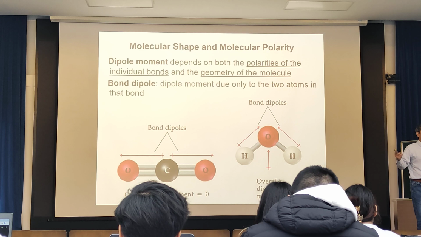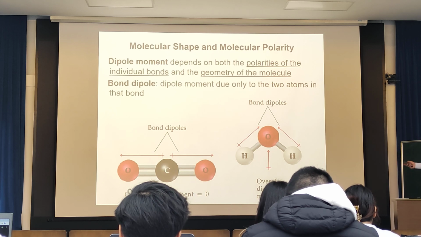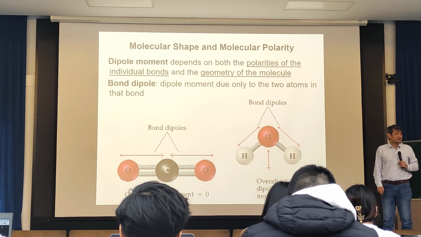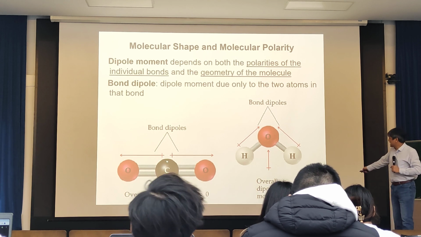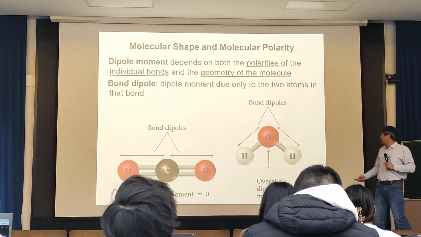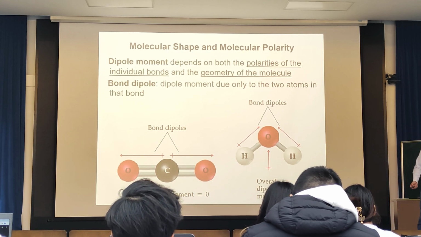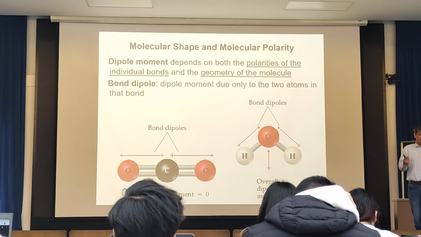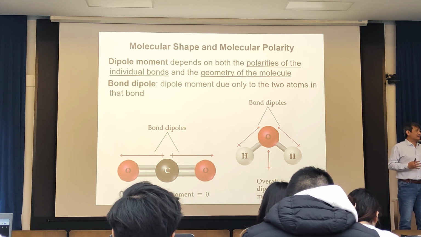Because carbon and oxygen have different electronegativity. However, because of this linear geometry, this vector and this vector will cancel. So the total of the two vectors will be 0. That means the bond is polar, but the molecule itself is non-polar.